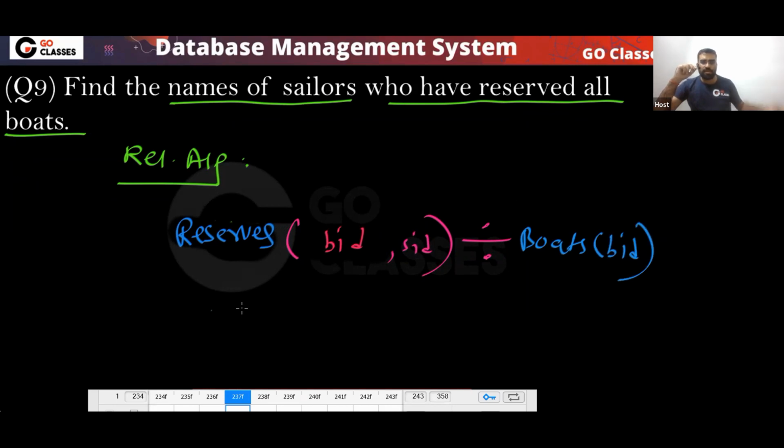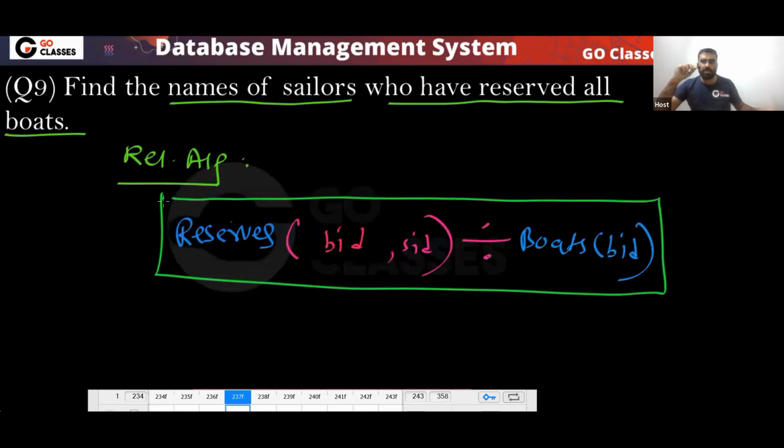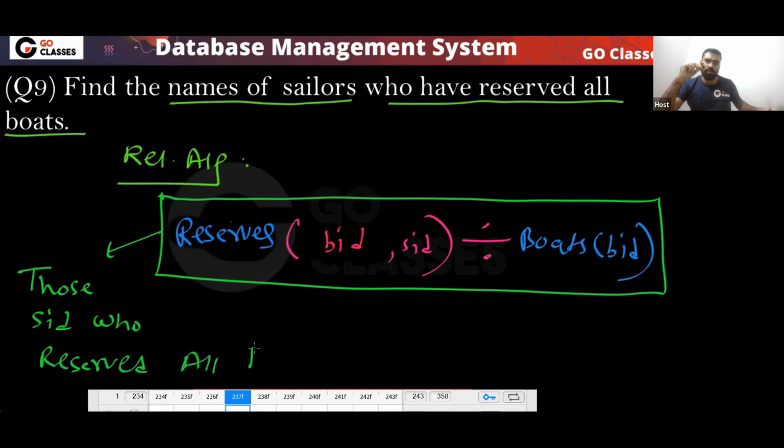Yes or no? This will give you those SID who have reserved all boats. Then from this you can find the names. To find names, what can you do? Using a natural join you can do it. Then find names using natural join.